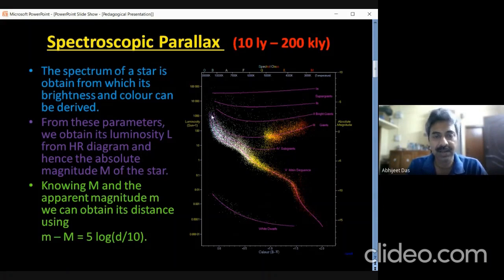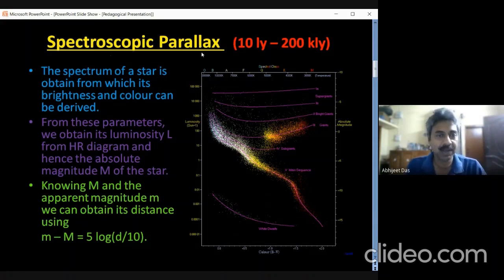The stars, for most of their lives, stay in the main sequence, and we also have stars which are past their life, towards the end of their life. In the top portion, we have the giants and the supergiants, and in the bottom portion, we have the white dwarfs.